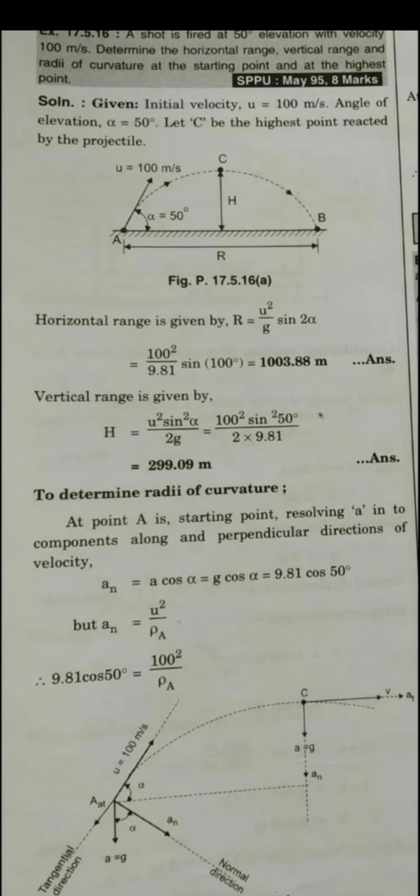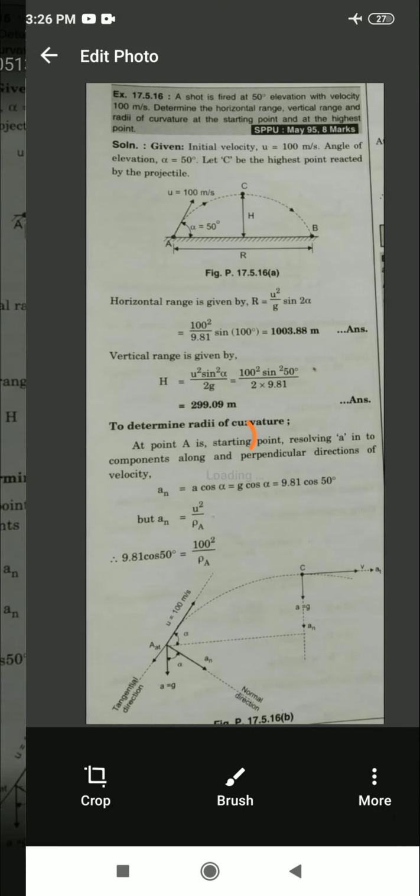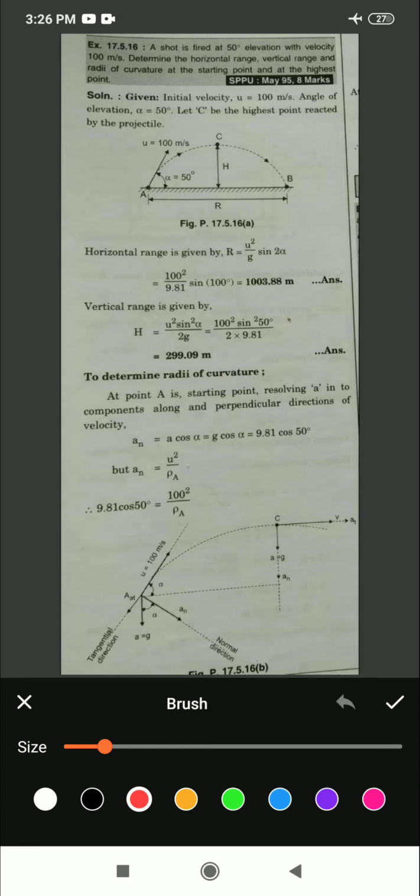Point C is defined here, and for that point C, we are going to use the concept of normal and tangential axis itself. This is the tangential axis because at point C, the velocity is tangential. So, this is the t axis. Perpendicular to that, inside the curve, there will be a normal axis.